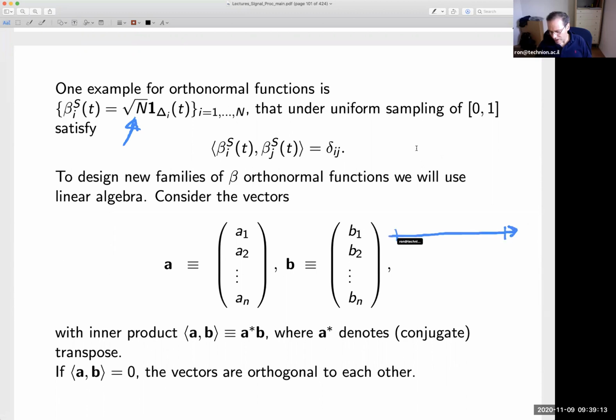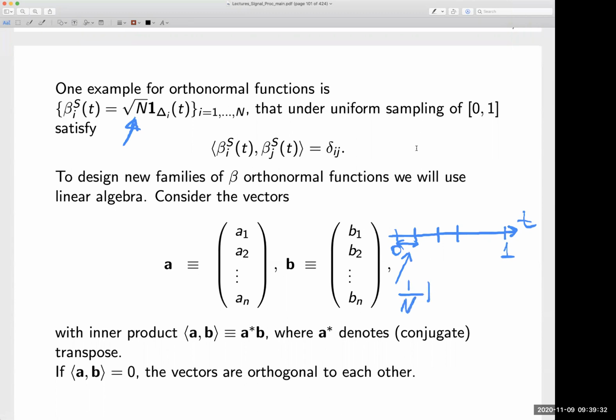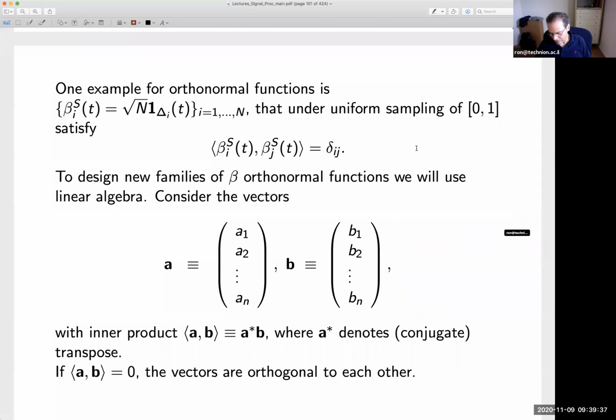0, 1. After I sliced it, so this is the interval 0 to 1. This is my time, and I split the interval into capital N intervals. So what would be the size of this guy? It would be 1 over n, times 1, because the interval is 1. Are you with me? Sorry, let me just redraw it. So the size of each interval, I zoom into it, is 1 over n. Now, there is a constant function that is going on here, and it is 0 elsewhere.